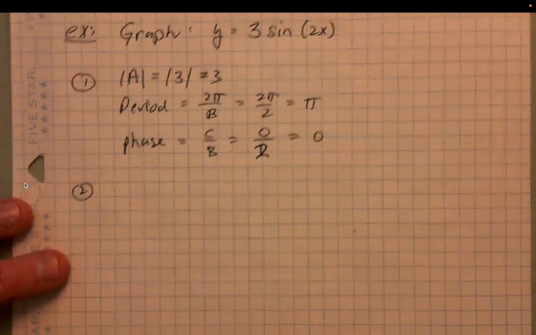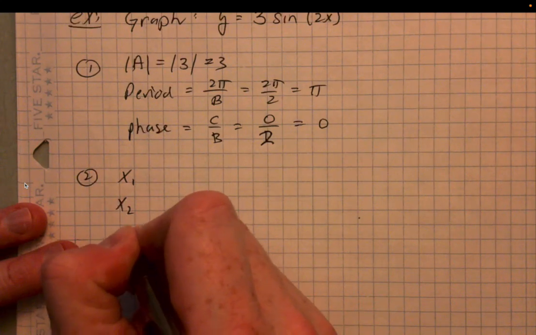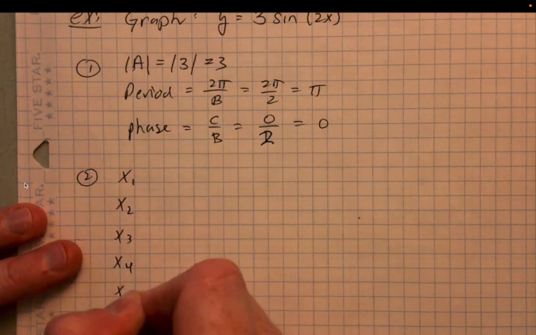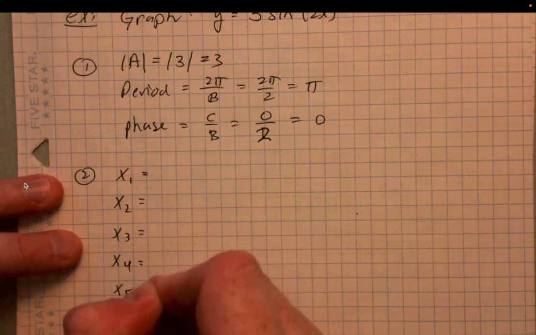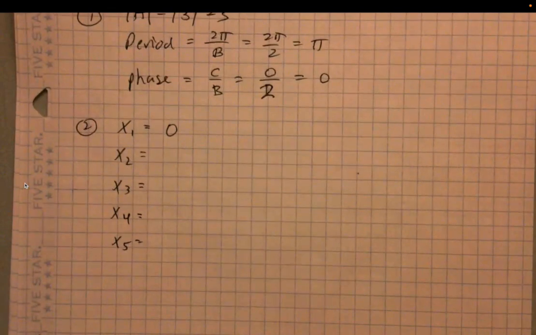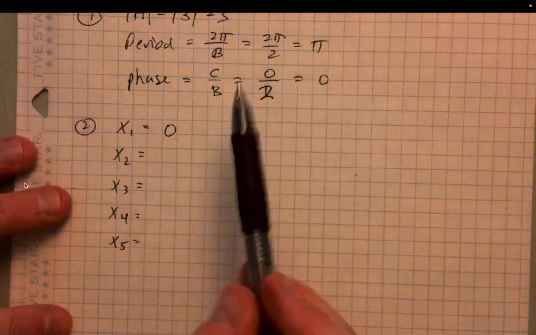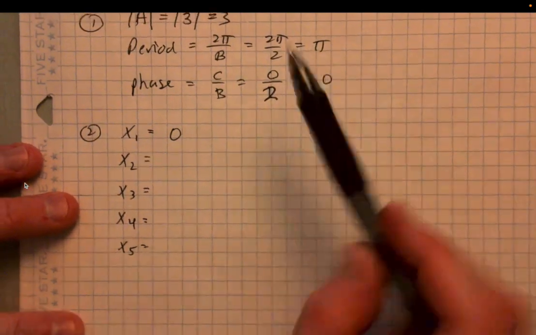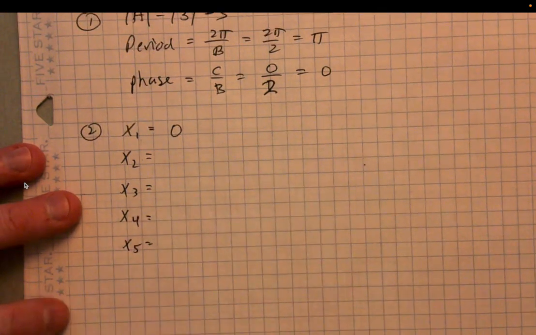Step 2 is we got to find all the values of x1 and y1. Okay, so we need to know what all of these values are. Well, we'll start at 0. It's good practice in general to just start at 0. Now, the period here is pi, so I need to break pi up into 1, 2, 3, 4 intervals, right?